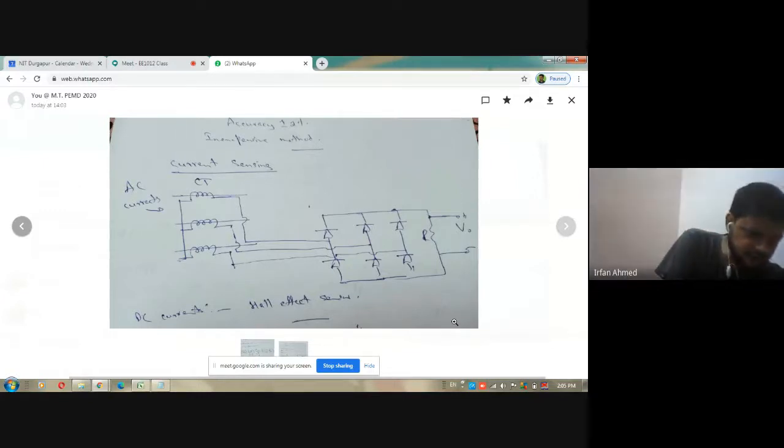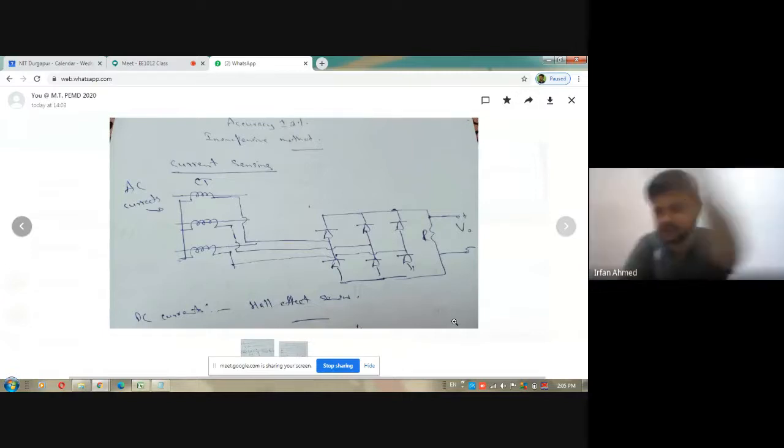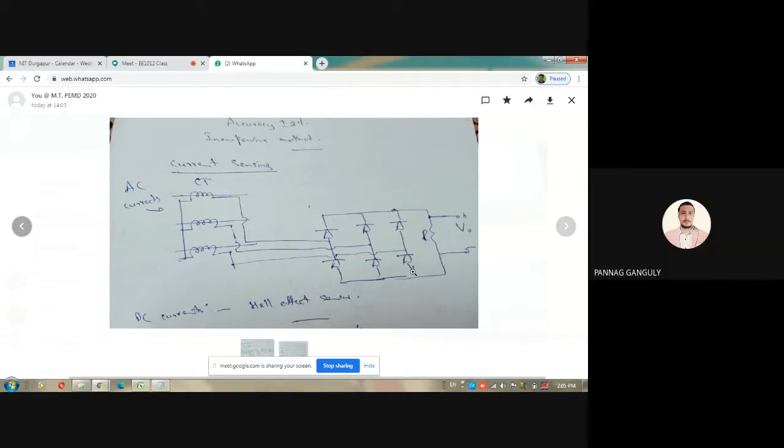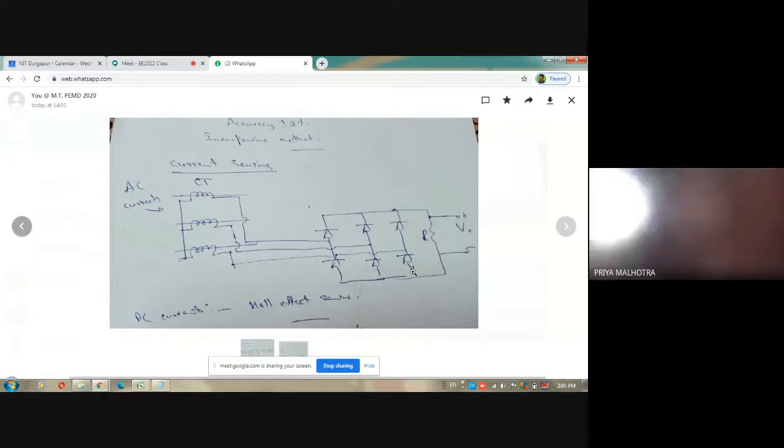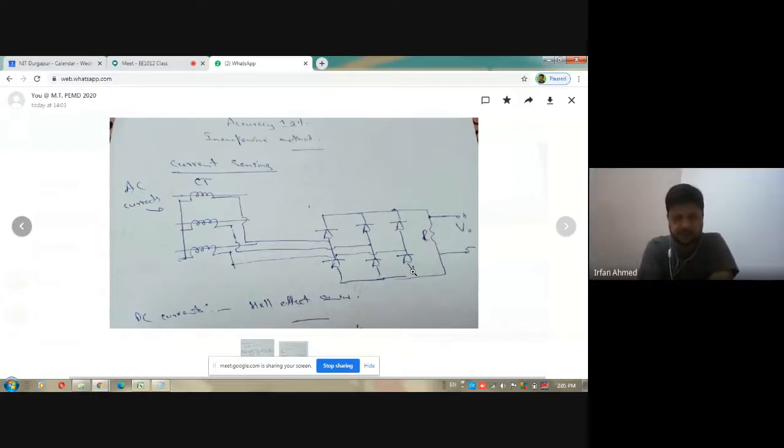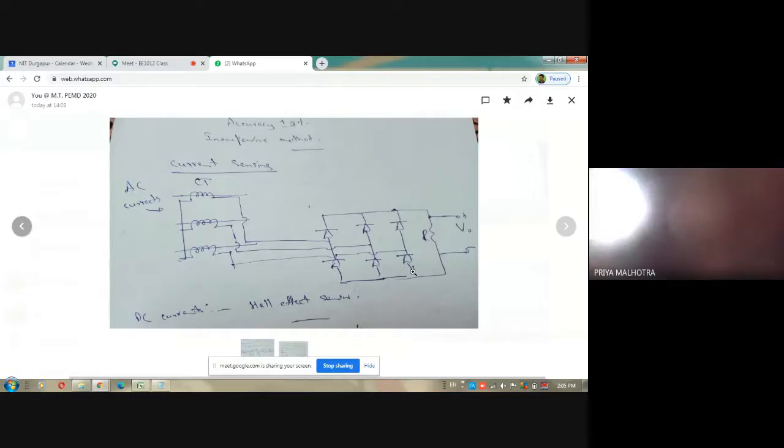So what if the system is single phase? What to do then? This is for a three-phase system. What do you do if the system is single phase AC? Single phase CT, followed by a rectifier.